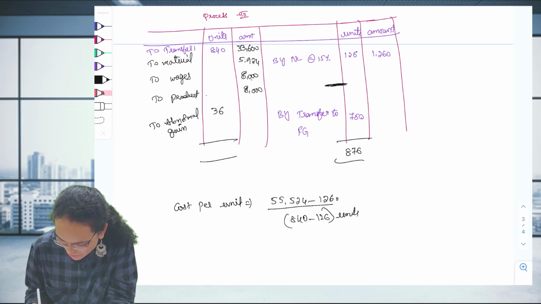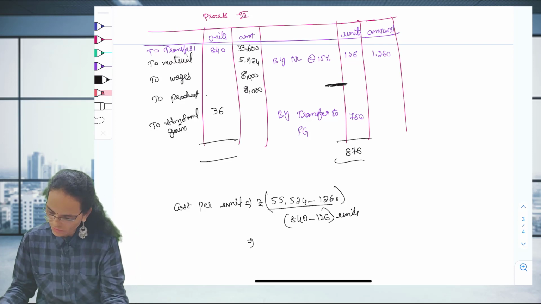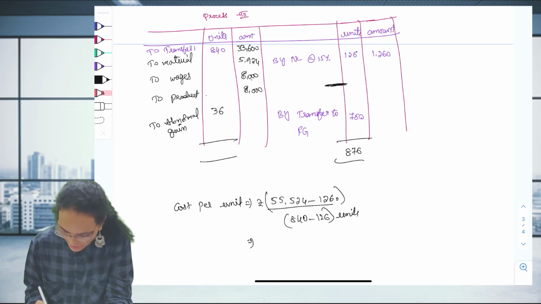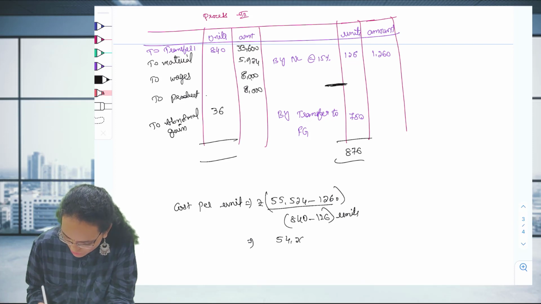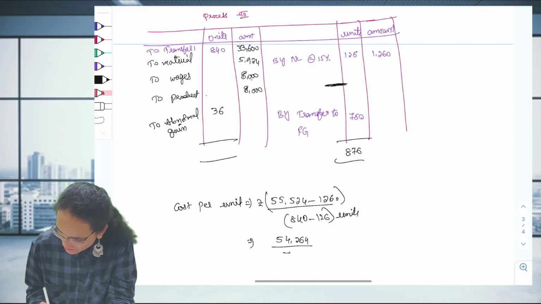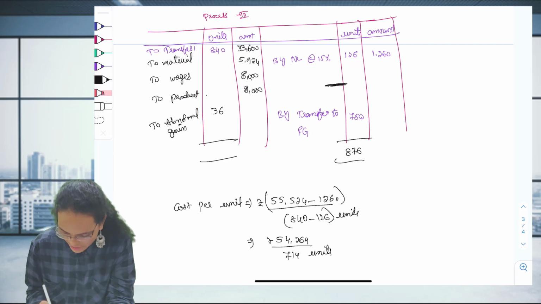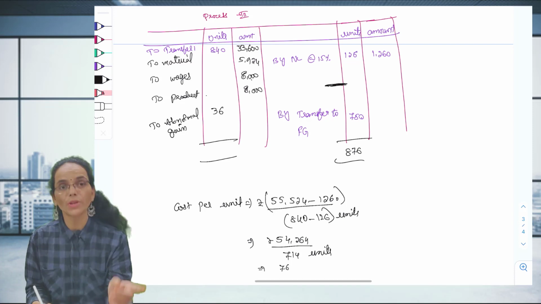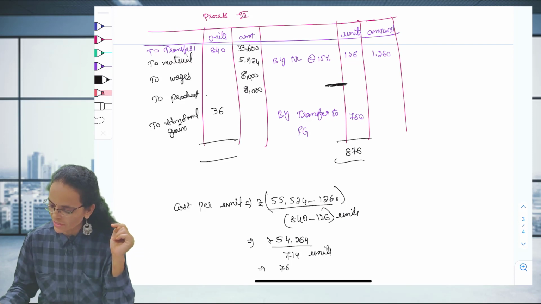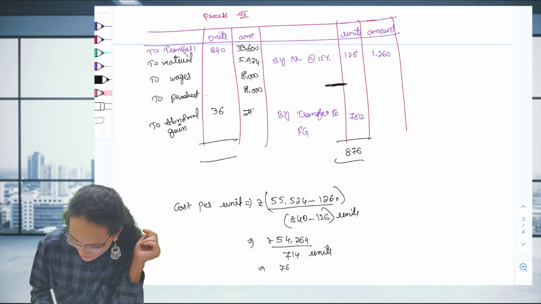This is in terms of the units, this is in terms of the rupees. That is 54,264 divided by 840 minus 126 units. This is the amount, that is 76 rupees per unit cost. So 76 into 36 units, 2,736.